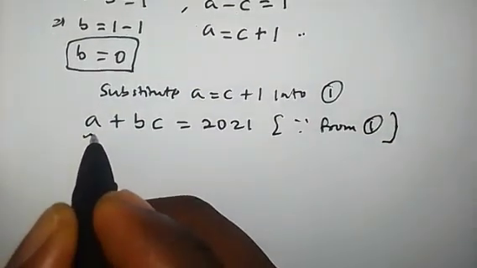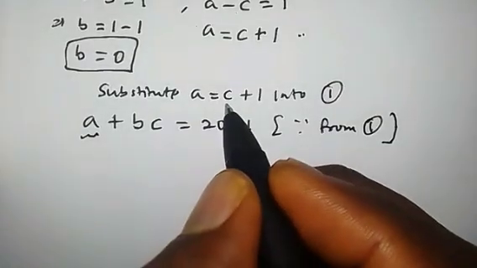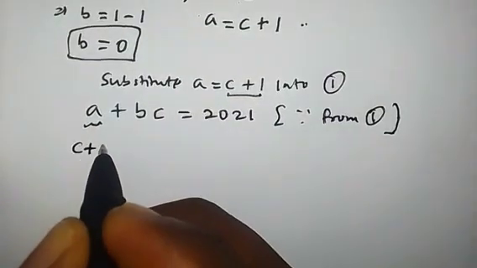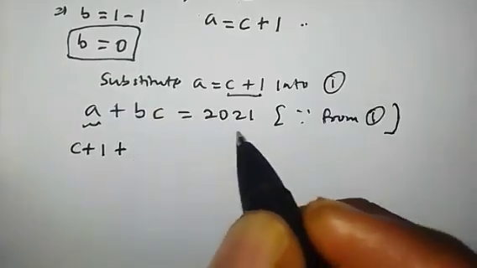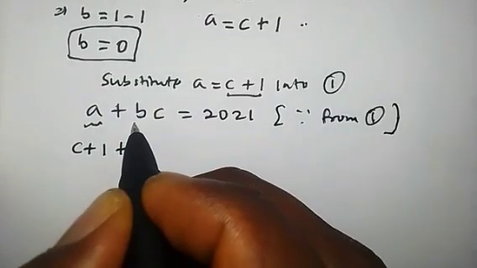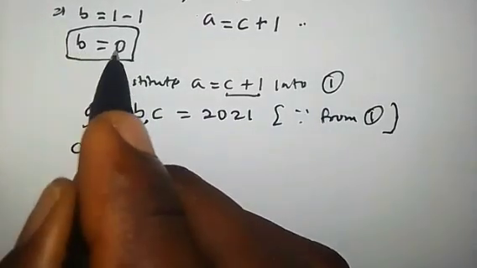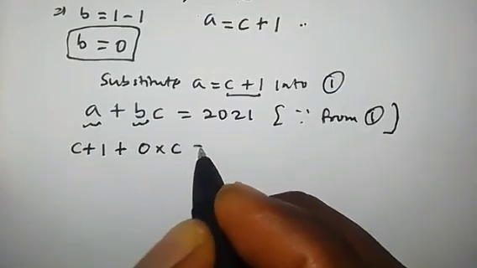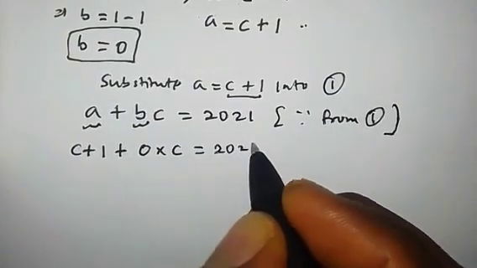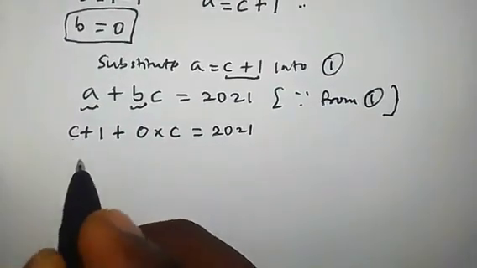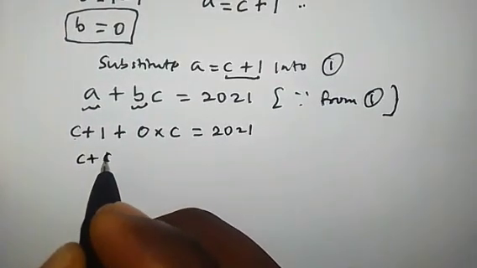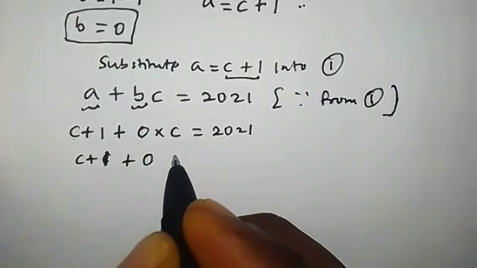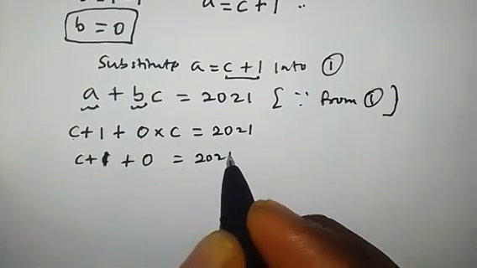In place of A now, we will write C + 1. So we have C + 1 + BC, but we already know what B is. B = 0. So this becomes C + 1 + 0 times C = 2021. This is 1 plus 0 times C, that is 0, equal to 2021.